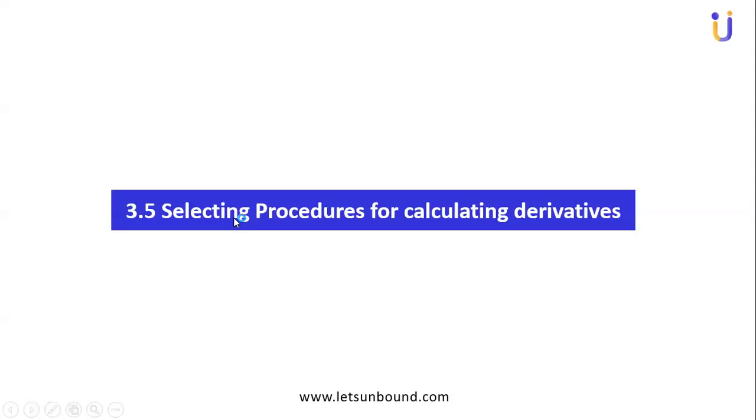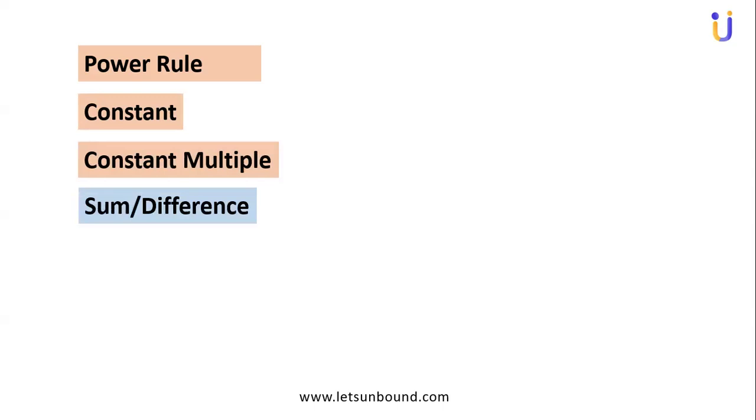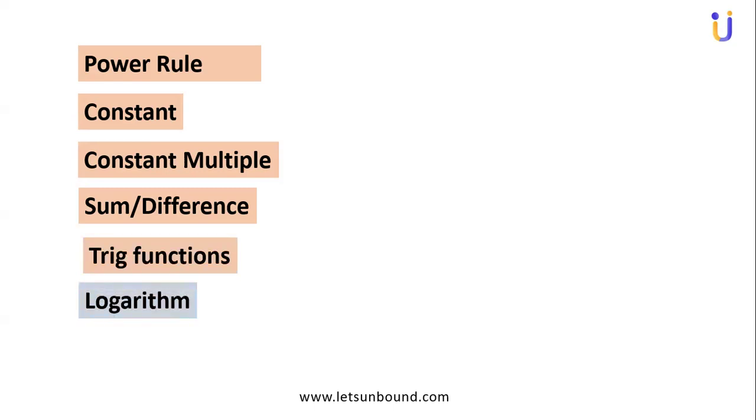Right. Next is 3.5, selecting procedures for calculating derivatives. Okay, we learned a lot of techniques, right? In unit 2 itself, power rule, then constant multiple, sum or difference, right? Then we learned trig functions, sine, cos, and logarithm, exponential.